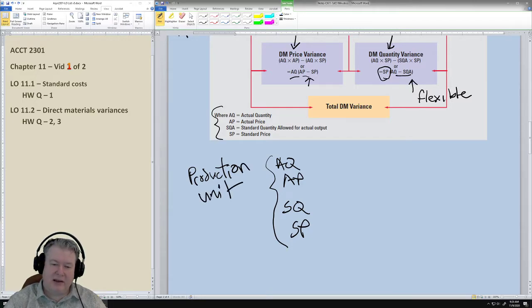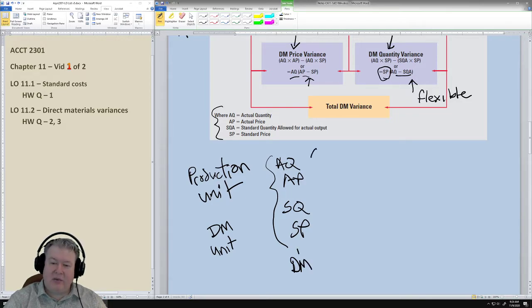And what is the direct material unit? Because sometimes in the problem they give you both, and you have to make sure that you understand. Now this actual quantity, actual price, standard quantity, standard price, these are for your direct material.